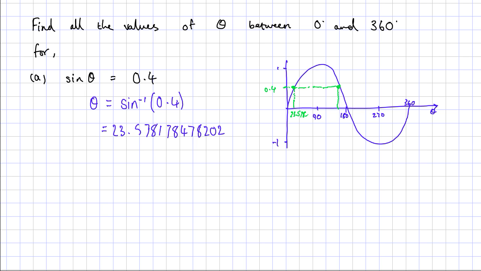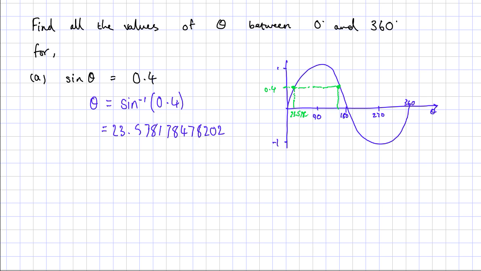Now we know that there's a line of symmetry for this part of the graph at 90. So this distance here would be the same as this distance here. So if I did 180 take away this distance, I will get this value here that will also give me 0.4. So let's do that.